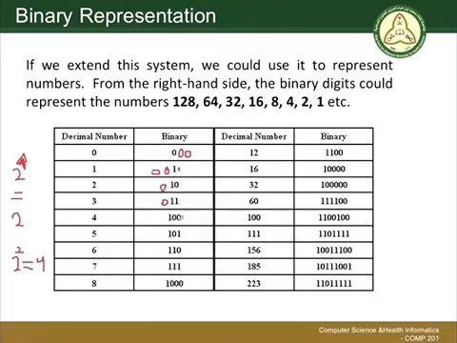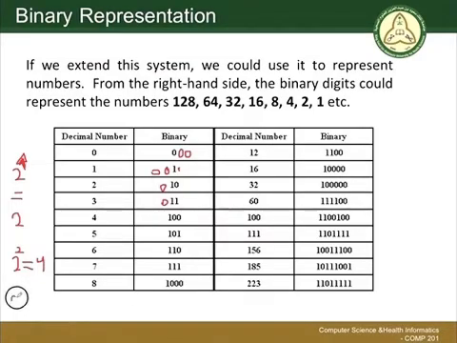So 100 is the 4, 101 is the 5, 110 is the 6, 111 is the 7, and number 8 cannot be represented with 3 bits. I would need 4 bits.